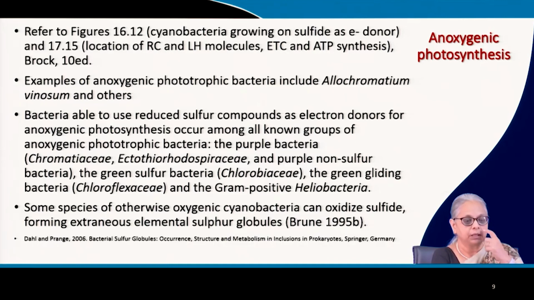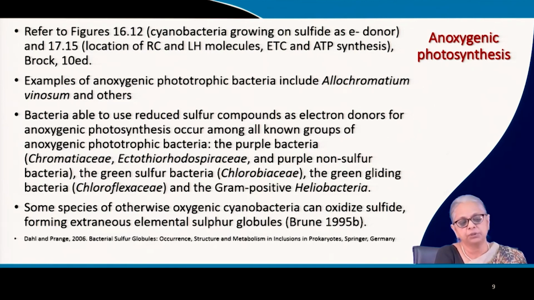Before we go too far, let's take a look at some of the anoxygenic phototrophic bacteria. One of the most common, or the most studied, is Allochromatium venosum. There are several other examples, bacteria that are capable of using reduced sulfur compounds as electron donors.